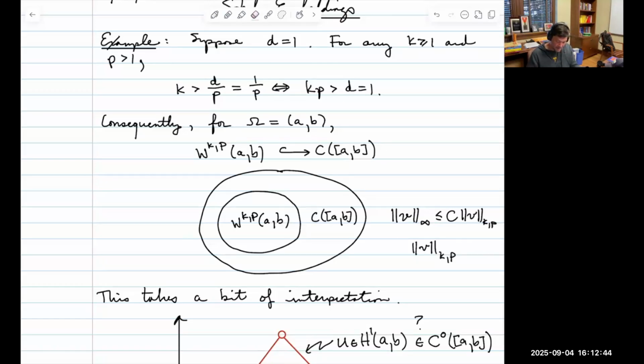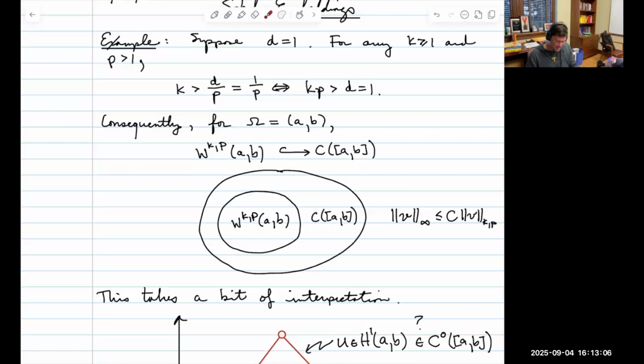It's a fairly common convention. This is the usual Sobolev norm on this side. So we have this as a subset of the continuous functions, and we have this estimate for the linear embedding operator, which in this case is just the identity.